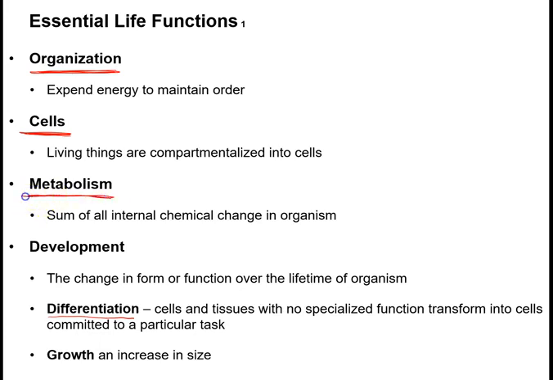The term metabolism is probably a term you've heard many times before. In a true science class, you learn that metabolism is actually the sum or the collection of all of the different chemical reactions that occur in your body.